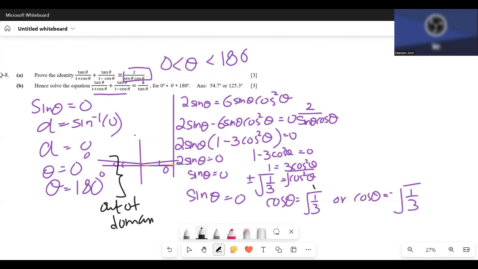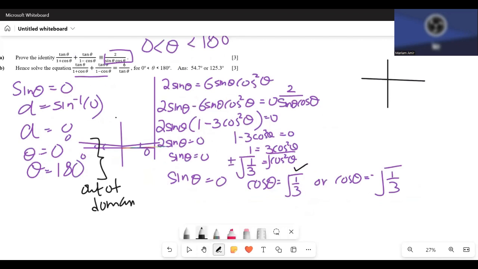Now we come to this. Cos is positive. Let's find the absolute angle first. Absolute angle is cos inverse square root 1 upon 3, which gives 54.7.